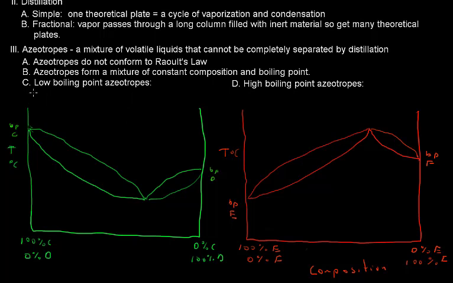The first type we'll talk about is a low boiling point azeotrope. And these form because Raoult's Law assumes that there is essentially the same attraction between solute and solvent particles, in terms of the intermolecular forces, as there are between the solvent particles themselves and the solute particles themselves. And of course, that's not always the case.